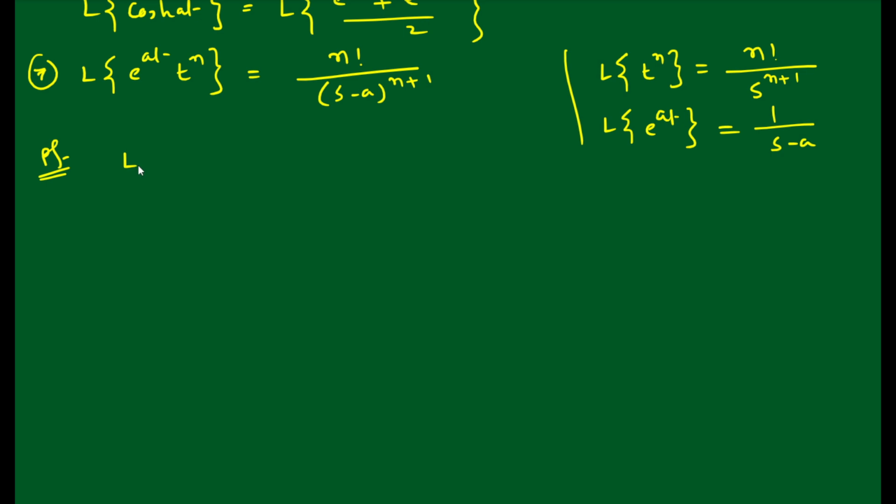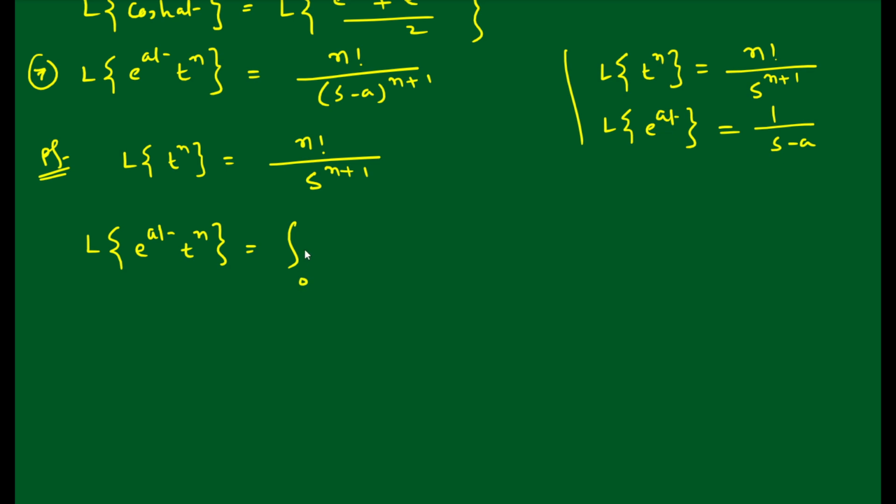So we have that the Laplace transformation of t to the power n is n factorial divided by s to the power n plus 1. Now if it is like that, e to the power at, then t to the power n.